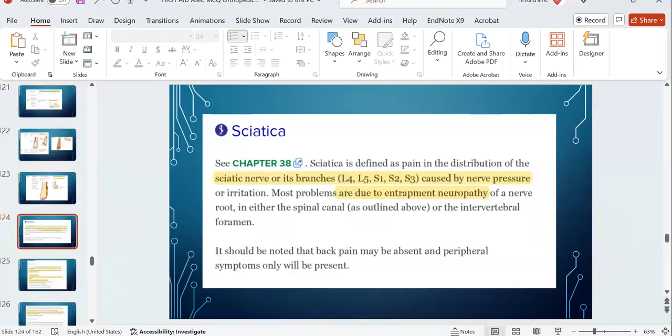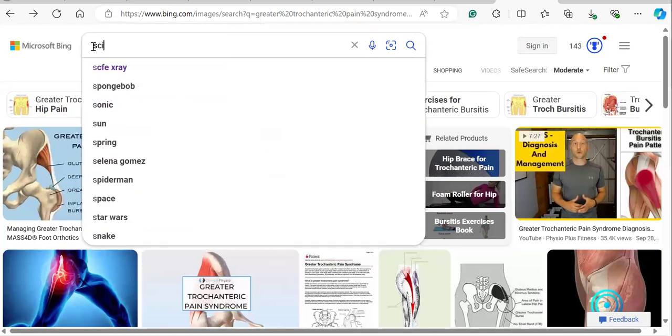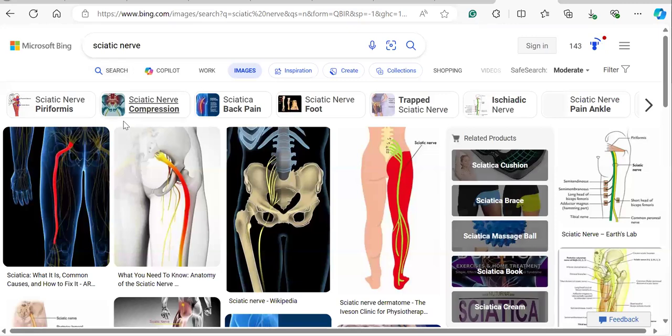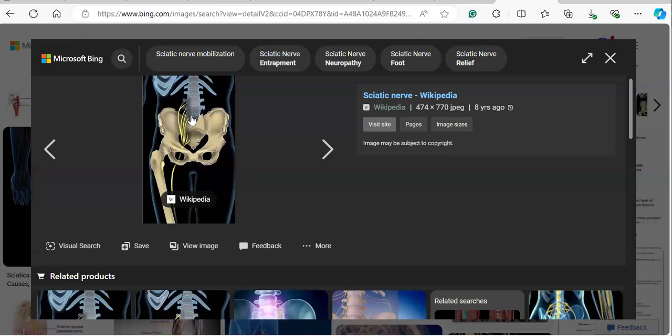For understanding this, you need a good knowledge of the sciatic nerve. So this is the sciatic nerve. You can see that from the lumbosacral plexus, all these nerve roots combine together and become the sciatic nerve.